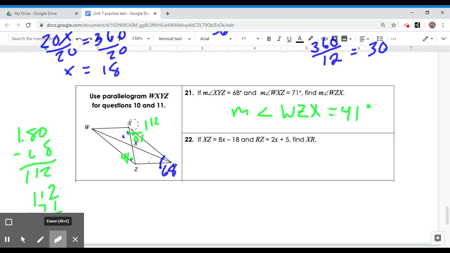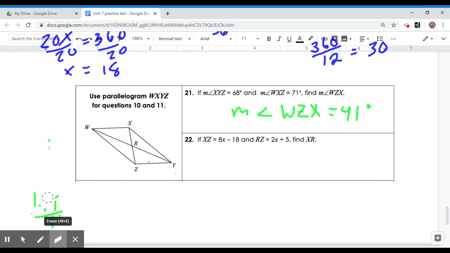All right, let's do the next one. If XZ equals 8x minus 18, so this whole thing is 8x minus 18, and RZ, half of it, is 2x plus 5. Find XR. All right, so if RZ is 2x plus 5, then doubled that's got to equal the whole thing, which is 8x minus 18.